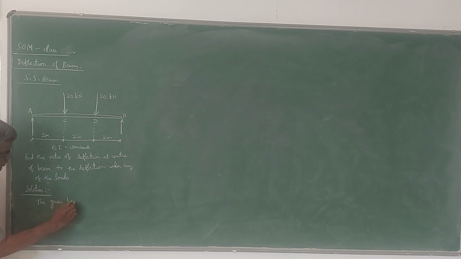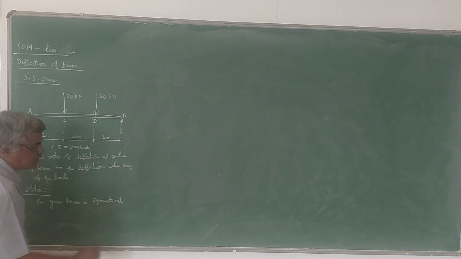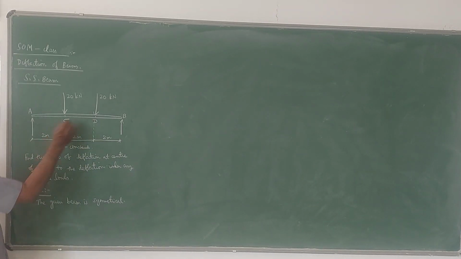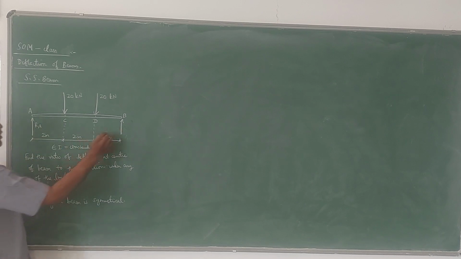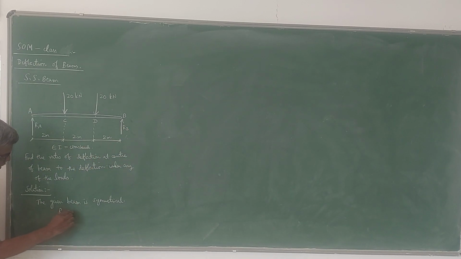Once you know that it is symmetrical, reactions at these two supports will be equal. That means RA and RB are the reactions, so RA is equal to RB.